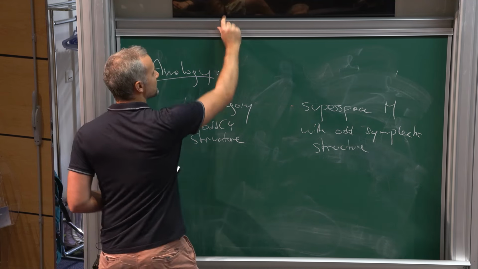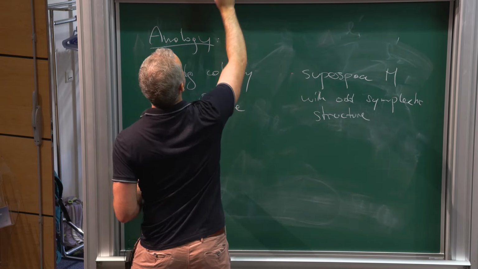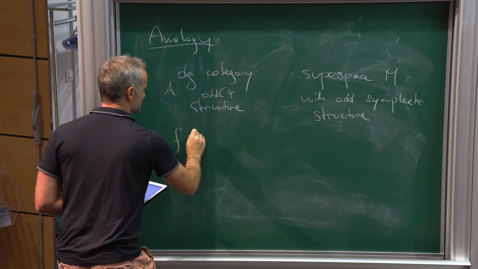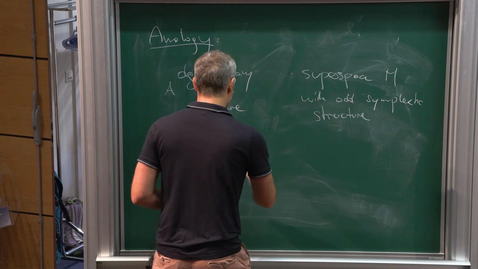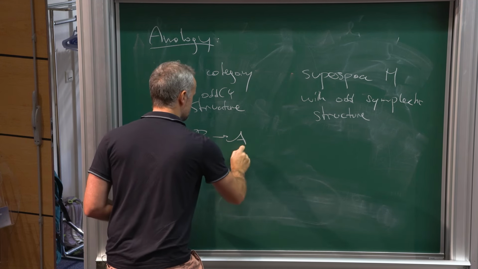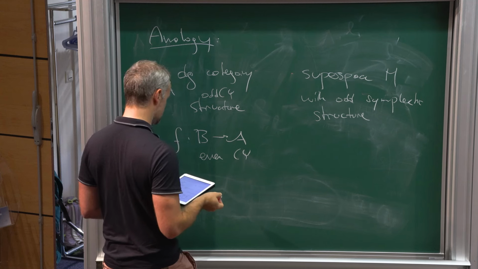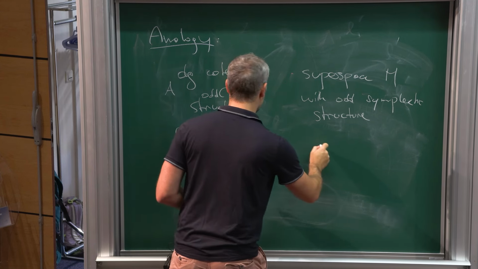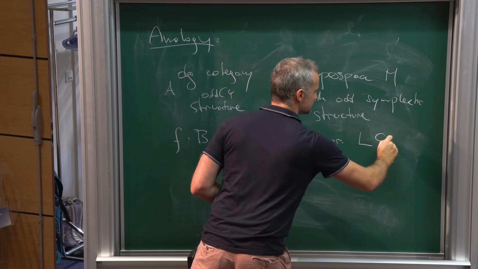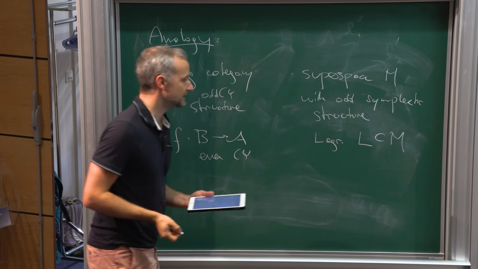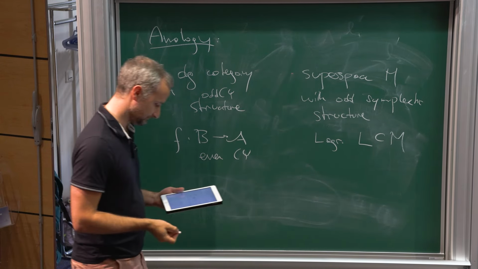So that's A. What's my functor F? F is a relative Calabi-Yau functor, an even relative Calabi-Yau structure, which in this analogy becomes a Lagrangian submanifold inside this odd symplectic superspace.